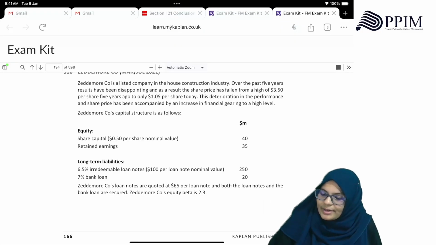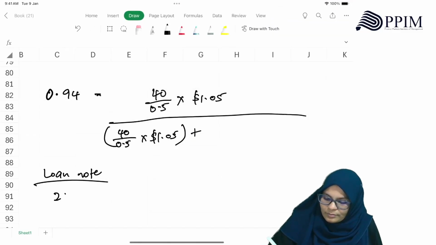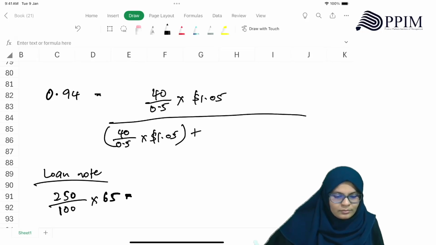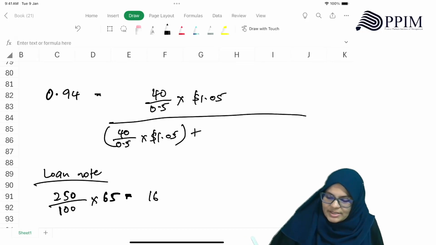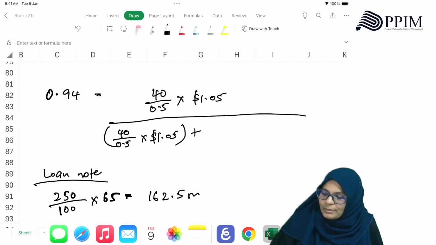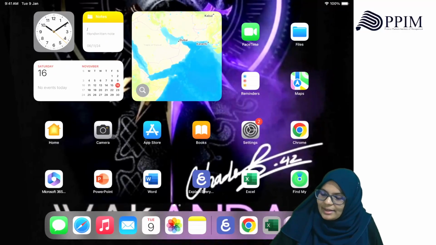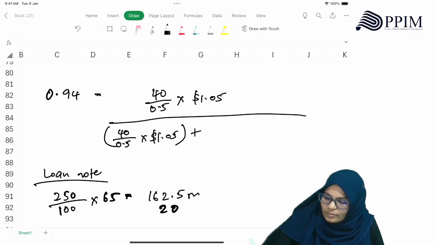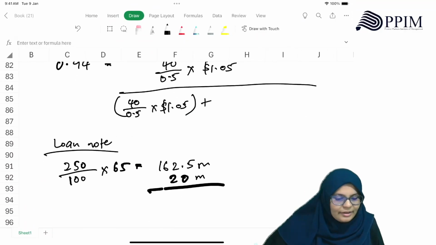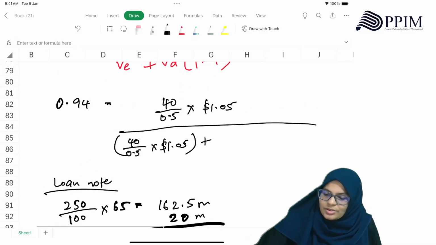I'll divide it by 100 and multiply it by 65. That will be the value of the loan note, which is 162.5 million. And then the bank loan value is given directly. It's 20 million, right? So just add that as well. So total value of debt will be 182.5. So I can put it here, 182.5.